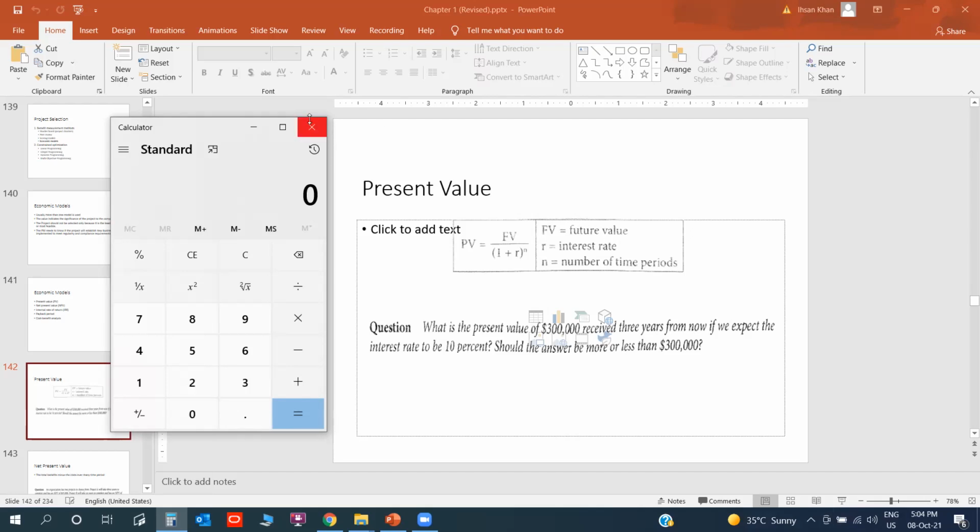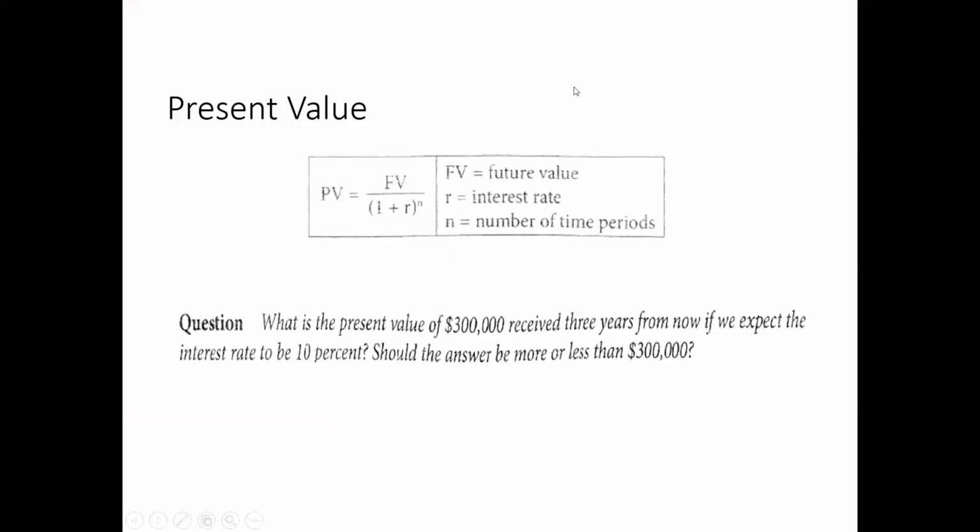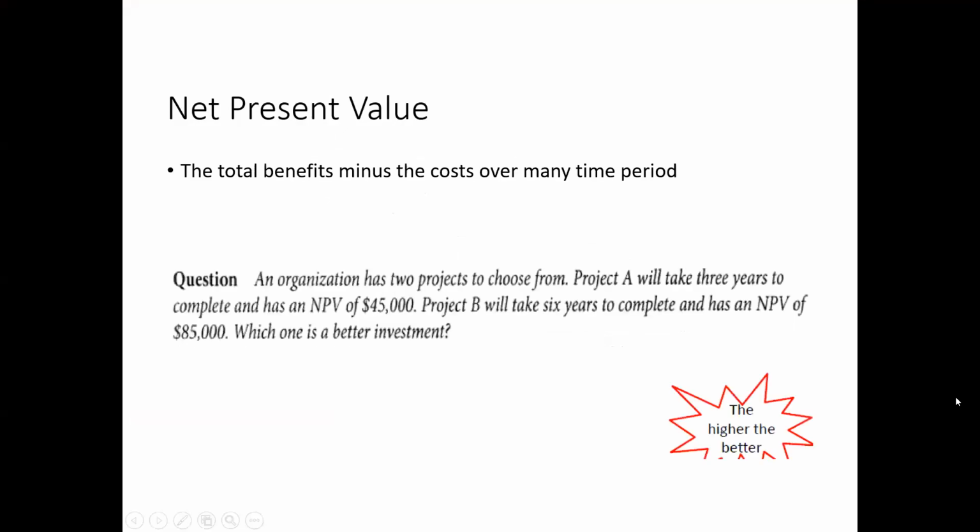Okay. Let me share the screen now. So what is the net present value? The total benefit minus the cost over many time periods is called net present value.